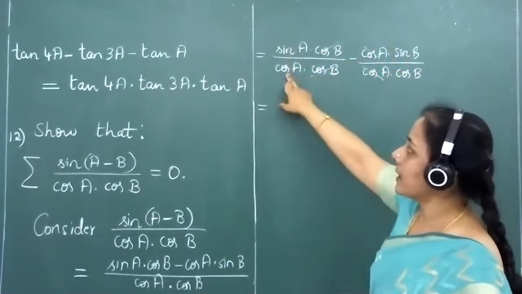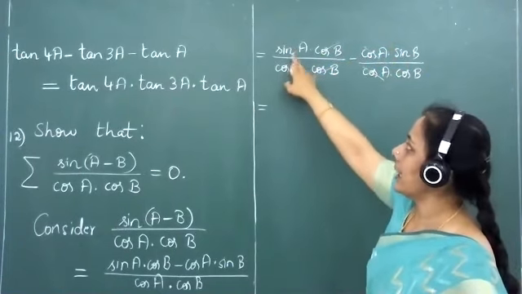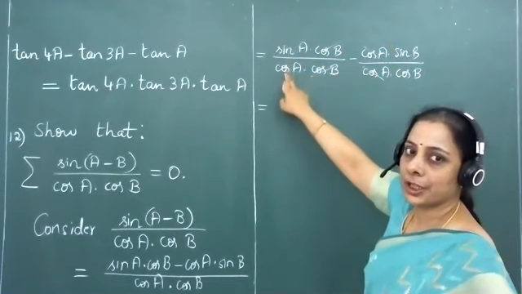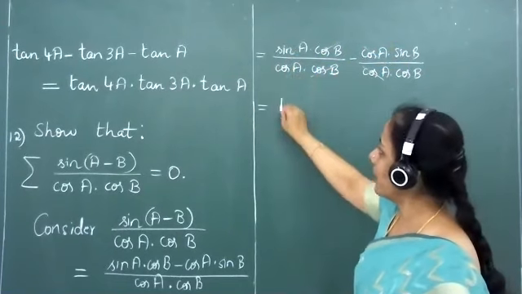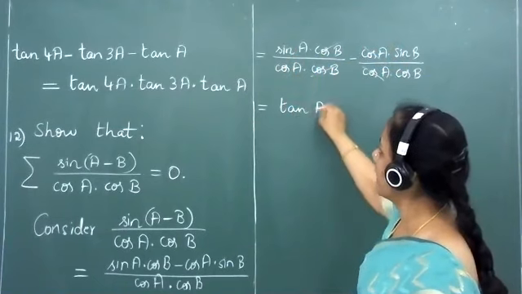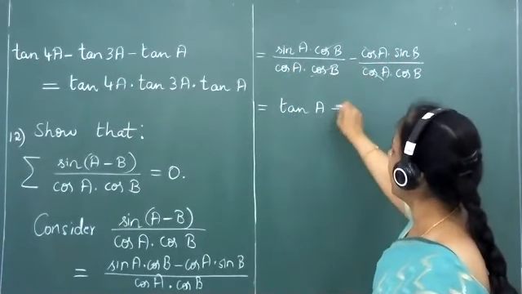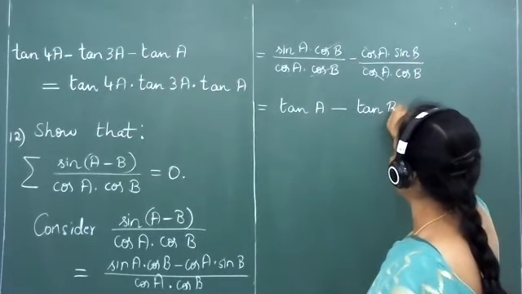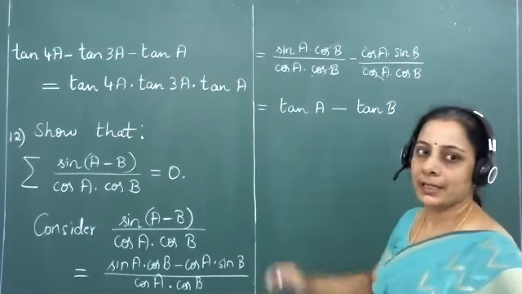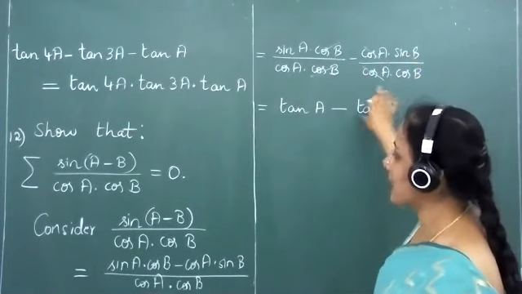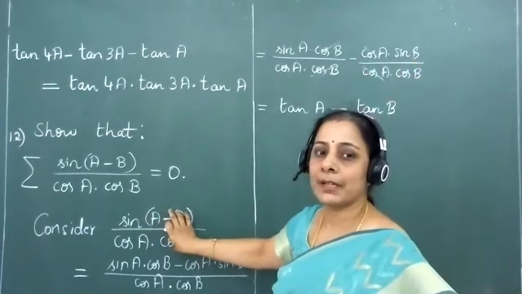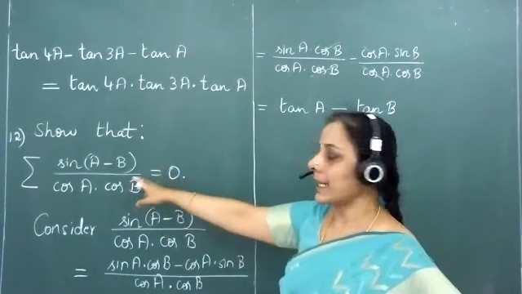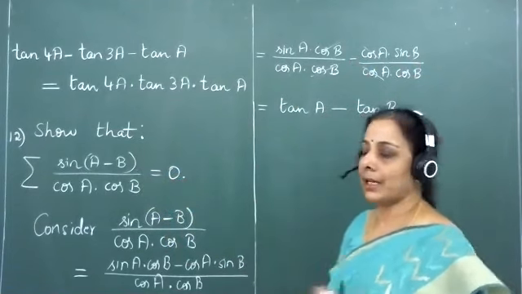So now we have sin A divided by cos A left in the first fraction. Sin A divided by cos A will be taken as tan A. We have a minus sign. Sin B divided by cos B, we will take it as tan B. And tan A minus tan B is only the simplified form of sin A minus B divided by cos A into cos B.